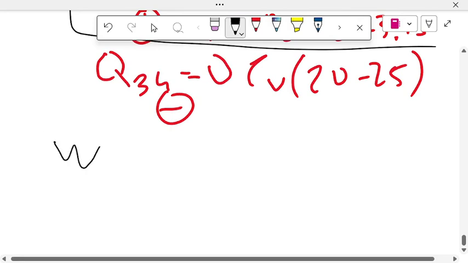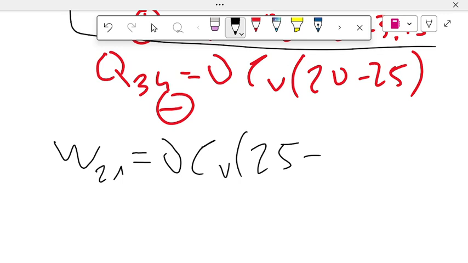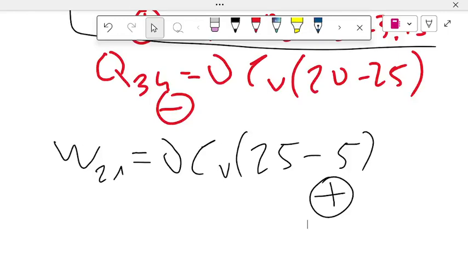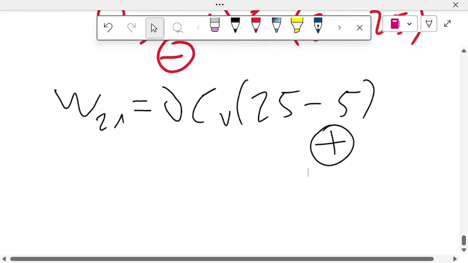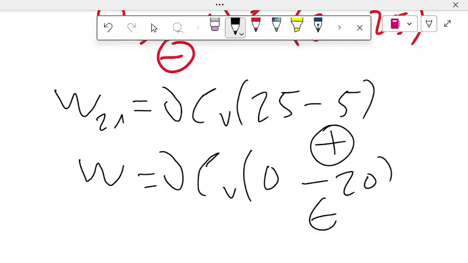Mechanical work is, from 1 to 2, the amount of gas, specific heat, and 25 minus 5, this is plus, and the mechanical work here is 0 minus 20, that is minus.